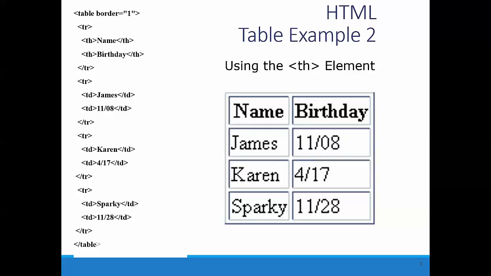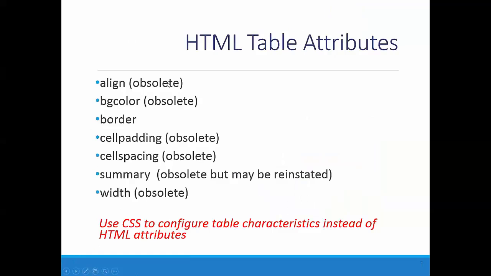So there are a number of HTML attributes that I can use to format the content of the table, but understand almost every one of these has been deprecated. There's been a move in the industry to use CSS to configure the table characteristics instead of base HTML.